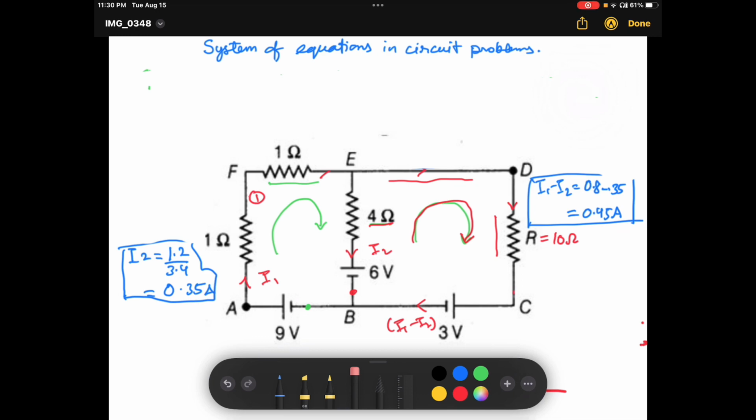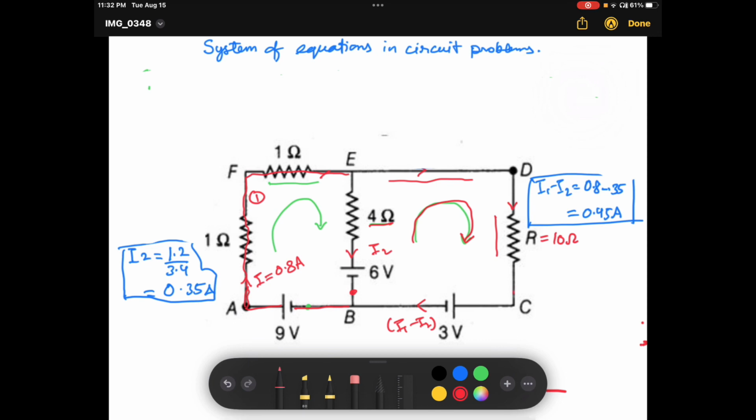All right, so this branch had I1, and I1 is equal to 0.8 amperes, and that current of 0.8 amperes runs in this whole branch. All of it that I have marked with red has 0.8 amperes.